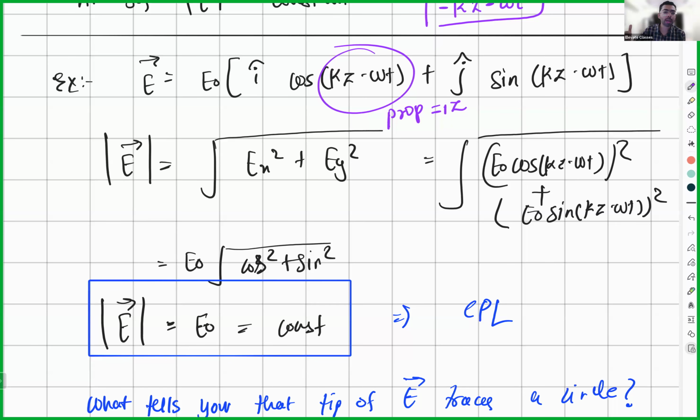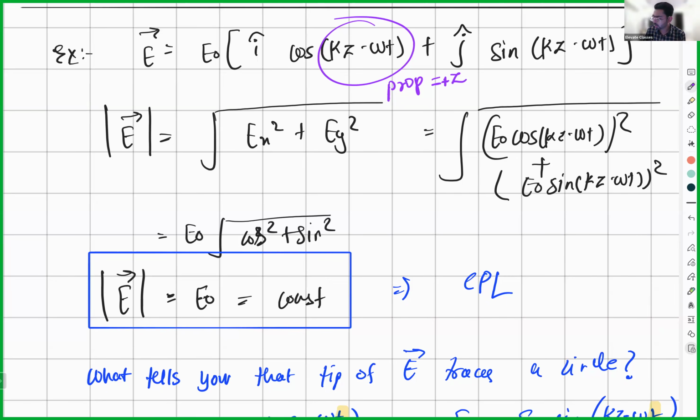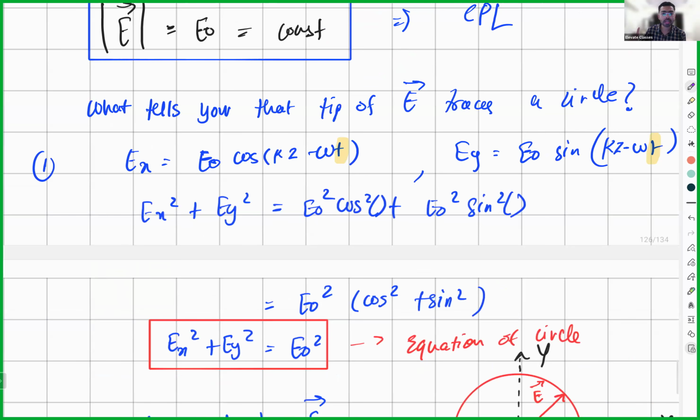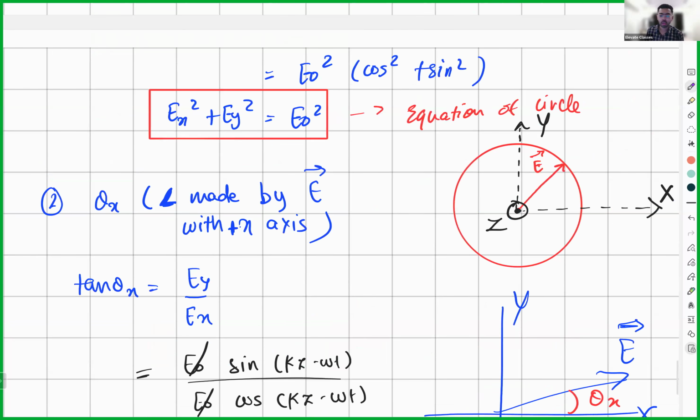Now if I keep my thumb along plus z direction, which is outside the screen in the figure, then my fingers curl in an anti-clockwise sense, right? Let me draw that diagram a little bit.